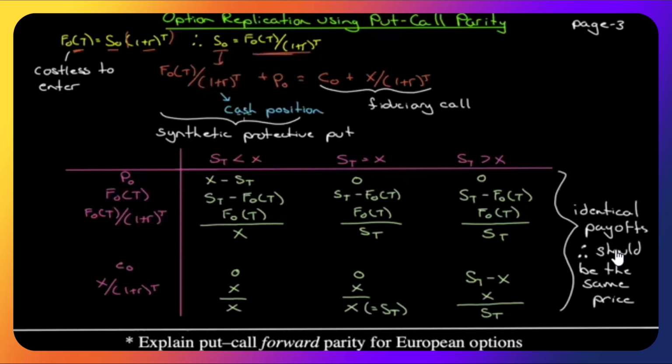This is a cash position. This is a cash position. So what's interesting here is you have 2 cash positions. The reason is the forward is costless to enter. There is no cost to enter it. So to make it equivalent to put-call parity, we substitute the present value of the forward price in for the stock price over here and assume that we are going to fund this with a cash position, and this cash position will grow to the forward price over time.